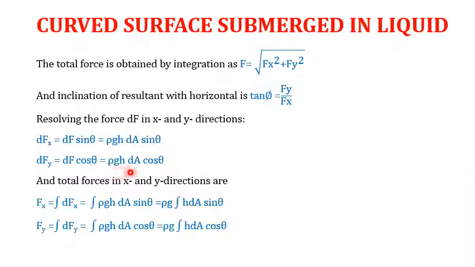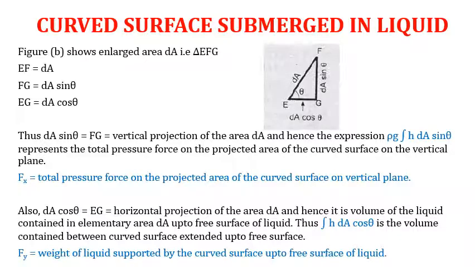Similarly, dFy is rho g h dA cos theta. So integrate them and take rho g outside. So Fx is rho g integral h dA sine theta. Similarly, we have the expression for Fy. As seen earlier, this EG represents the dA cos theta component, and this GF is basically the dA sine theta component. So dA sine theta, which is FG, is basically the vertical projection of the area dA.